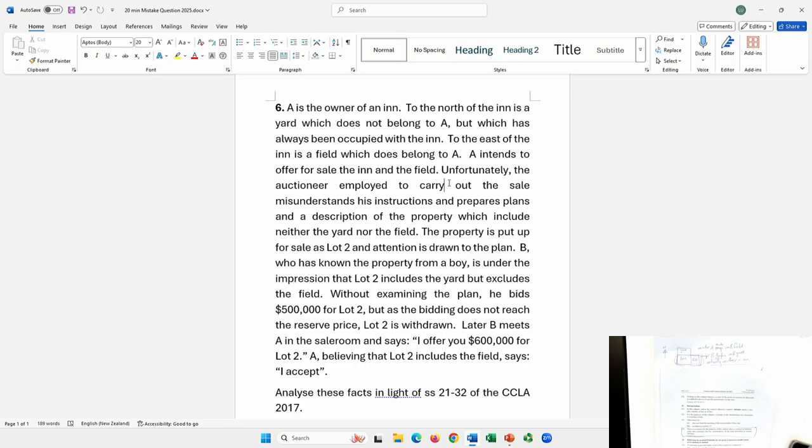And the vendor intends to sell the inn and the field. The purchaser thinks he's buying the inn and the yard. And it turns out that the property description is actually just the inn. The contract itself is an oral one whereby Party B says, I'll offer you $600,000 for lot 2, and the other party says, I accept.